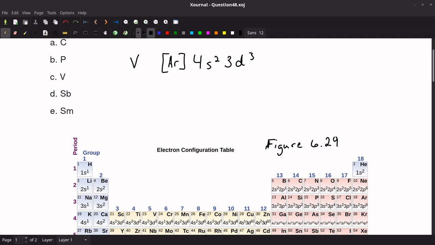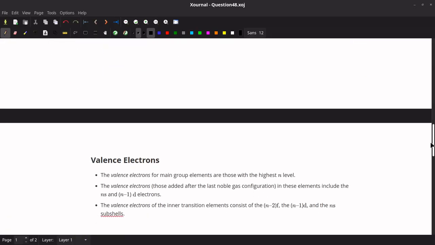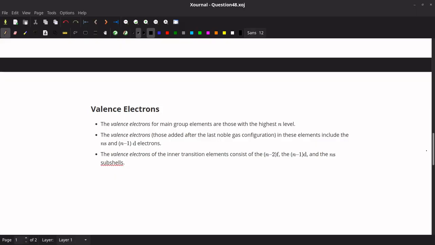Okay, now because vanadium is a transition metal, we have some different rules when we're trying to decide how many valence electrons we have. So the valence electrons, those added after the noble gas configurations, in transition elements include the ns and n-1 d electrons.